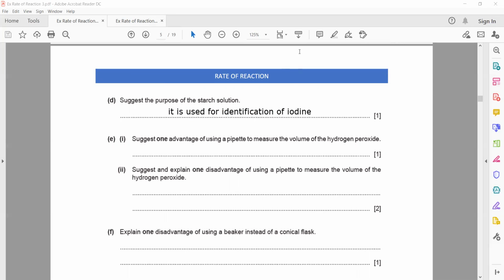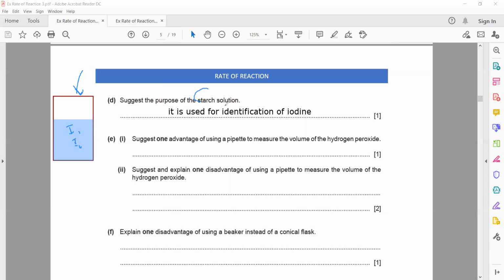For example, if there is a colorless solution and I want to test whether it contains iodine, what is the test to check the presence of iodine?